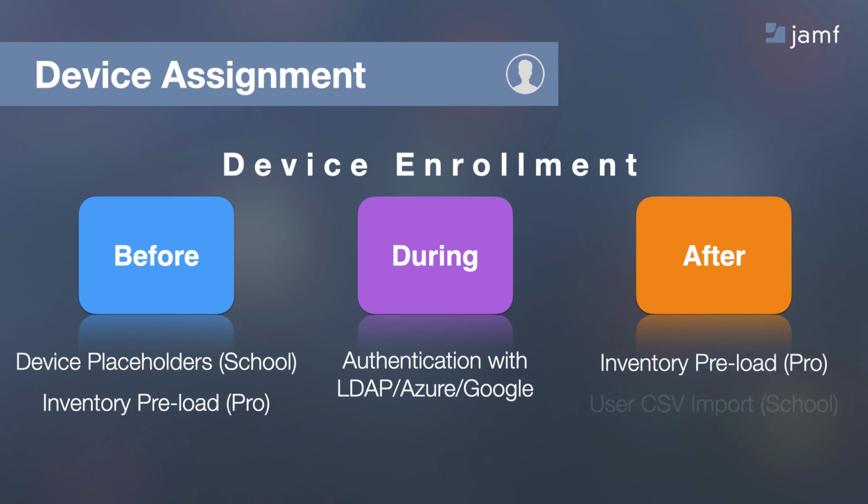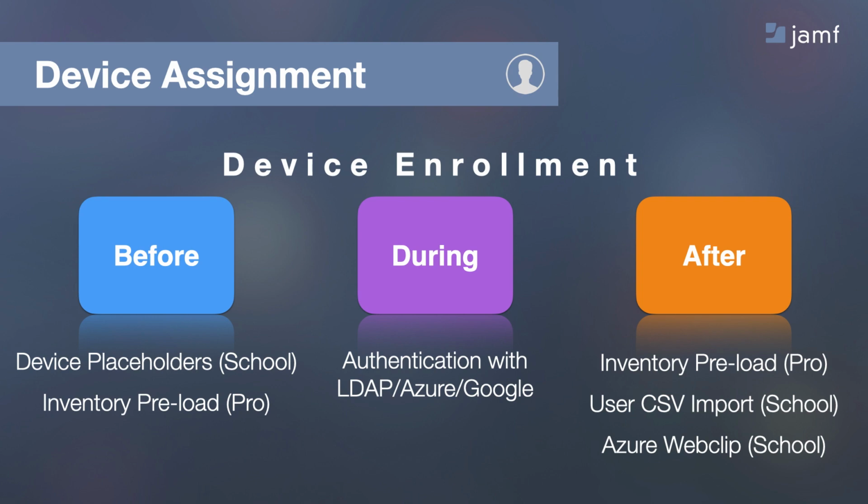We also have an opportunity to associate a device to a user after enrollment's done. Now, it may seem counterintuitive that you see inventory preload for a post-event there, but suffice to say, inventory preload will take those attributes that you upload even after and attribute them to a device record, including the user assignment.